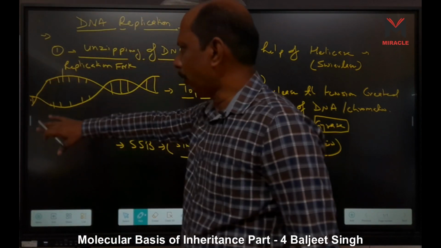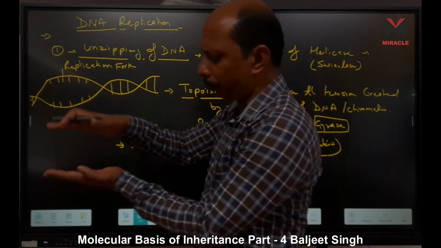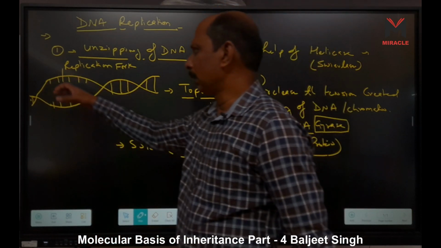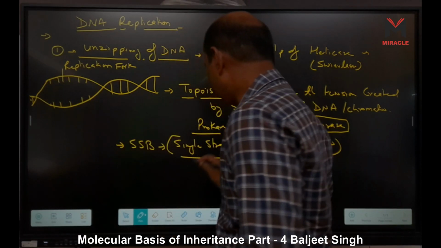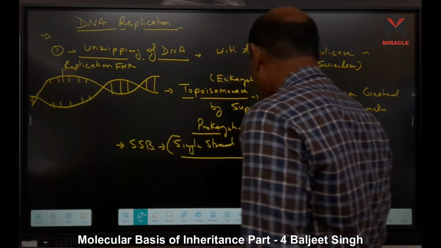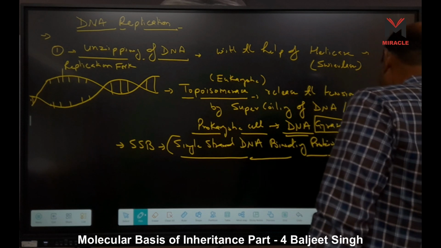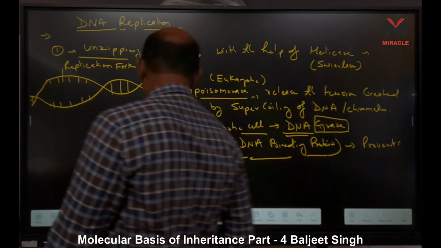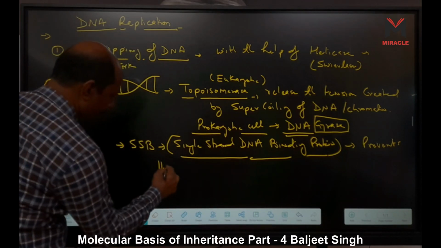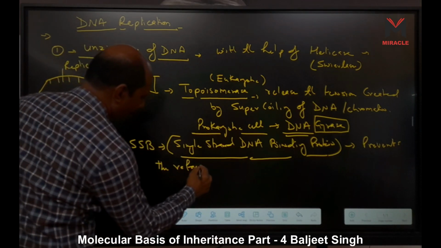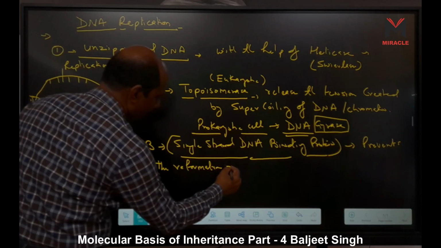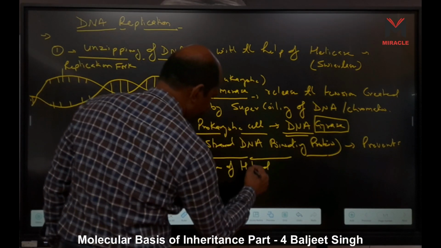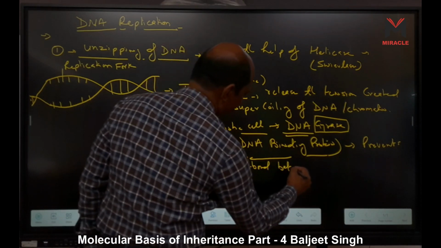Because the hydrogen bonds have become free, they have a tendency to come back and form the hydrogen bonds once more. But this SSB, or single strand DNA binding protein, prevents the reformation of hydrogen bonds between the two strands.